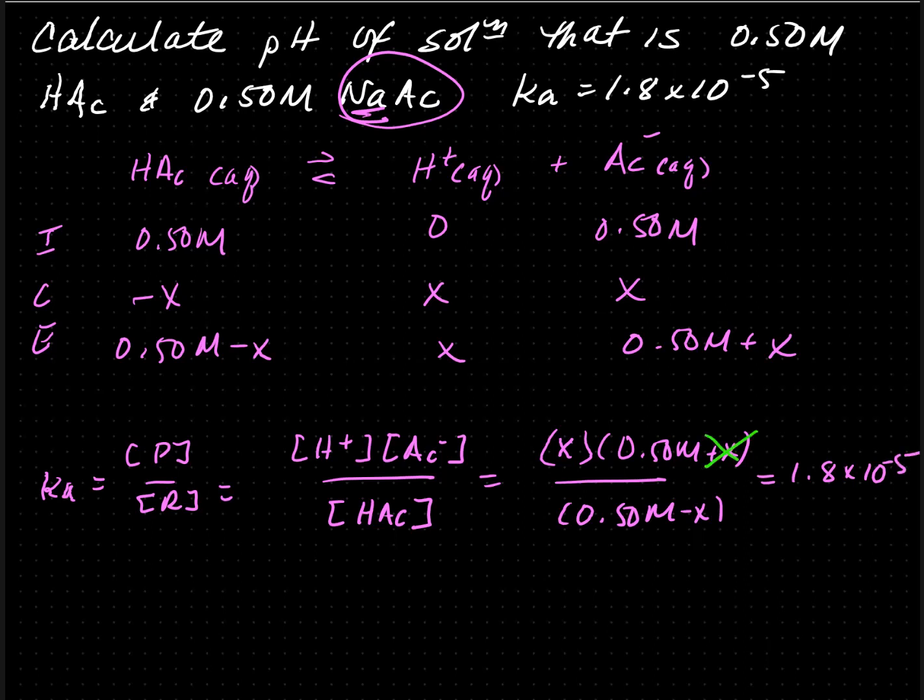Again, I'm going to assume the 5% rule, so these X's are going to be really small, approaching 0. Calculating for X, X just becomes 1.8 times 10 to the negative fifth because these cancel out.